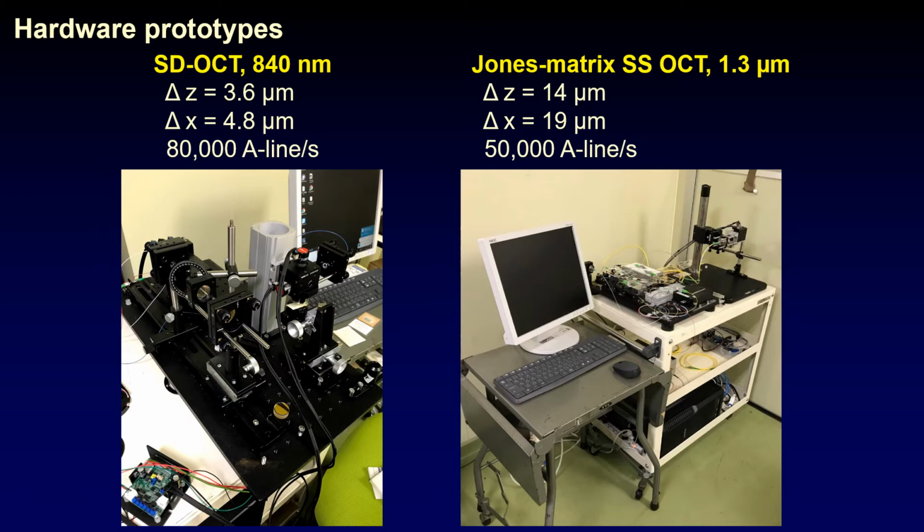The second system is a swept source Jones matrix OCT with a 1.3 micrometer probe. It has a relatively lower resolution, as the depth resolution is 14 microns and the lateral resolution is 90 microns, and the measurement speed is 50,000 A-lines per second. But this system is characterized by its capability of measuring the birefringence and the degree of polarization uniformity.